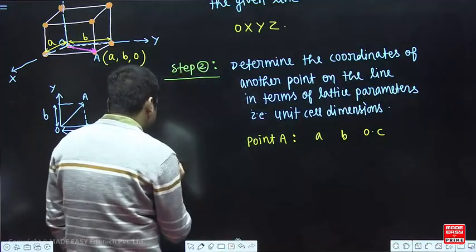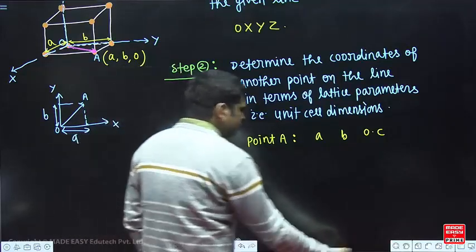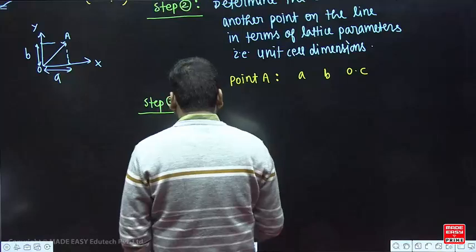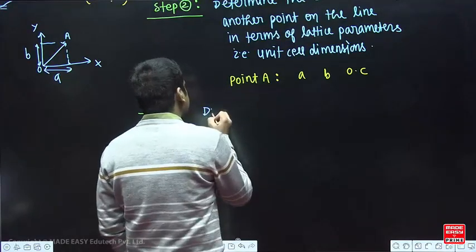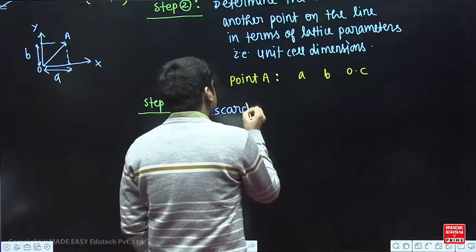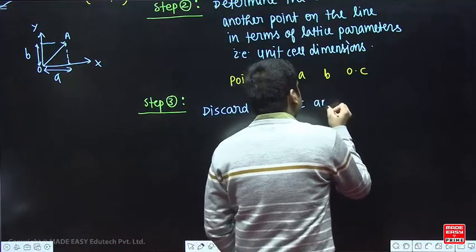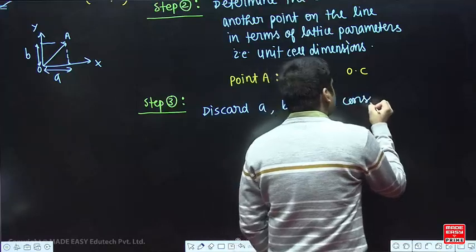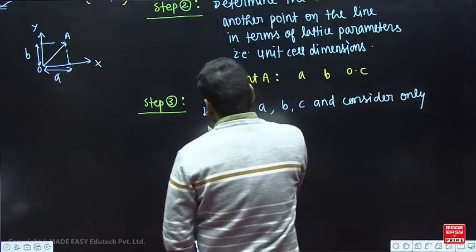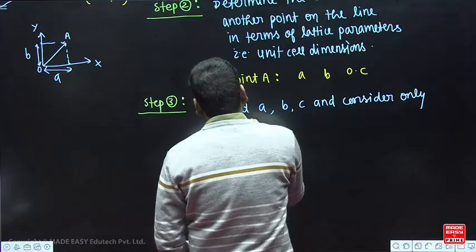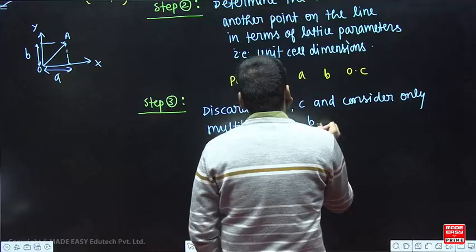Step 3. Discard a, b, c and consider only multiples of a, b, c.